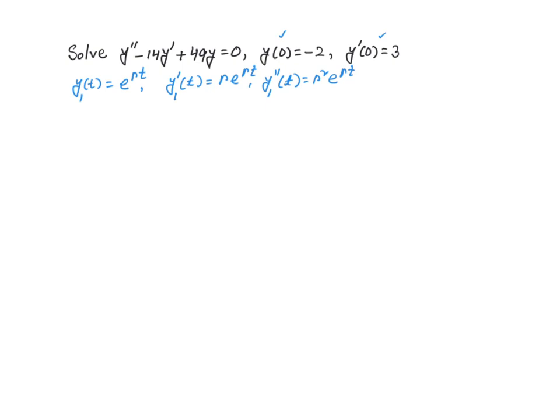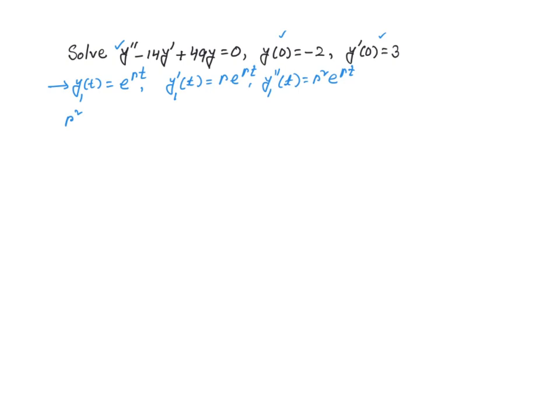Now, let's go ahead and plug in these values into this equation. So I'm going to get r square e to the power rt. I'm just going to leave the e to the power rt because every term will have that term.